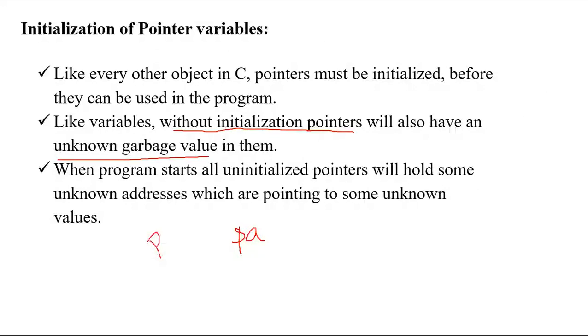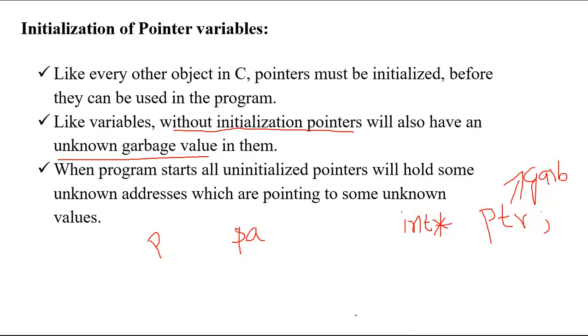If you declare a pointer ptr, how can we declare it? int *ptr. If you declare like this, what is this ptr holding now? So far we have not assigned any address to this ptr. So ptr will hold a garbage value. Understood?